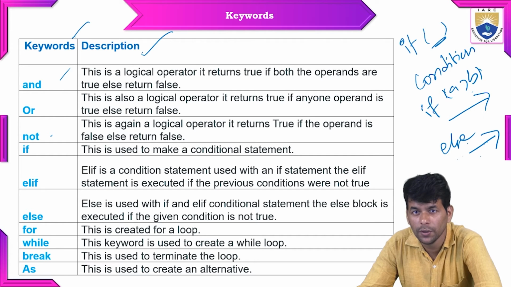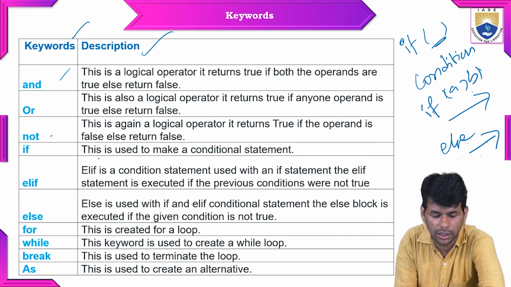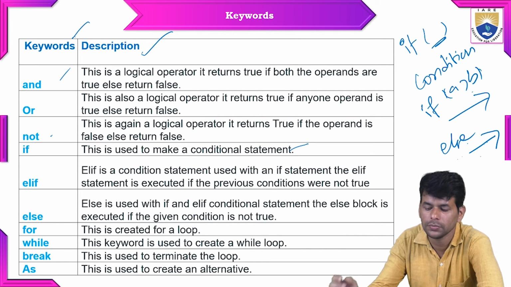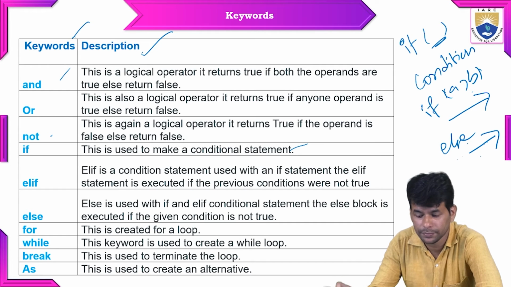If is a keyword used to make a conditional check. If the condition becomes true, one set of statements will be executed. If the condition becomes false, then another set of statements will be executed.